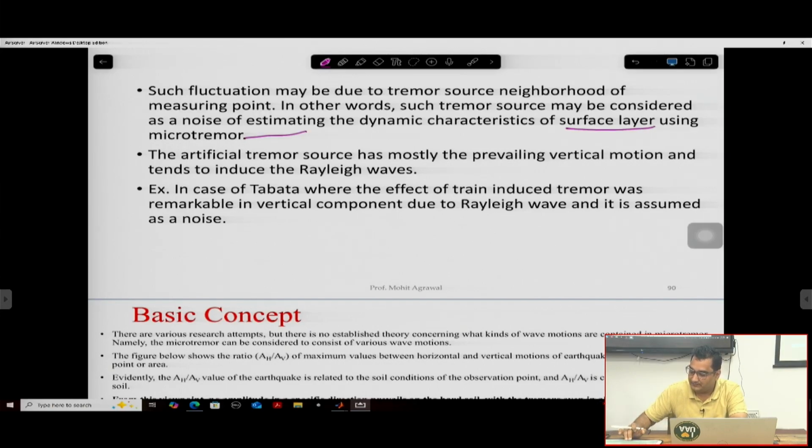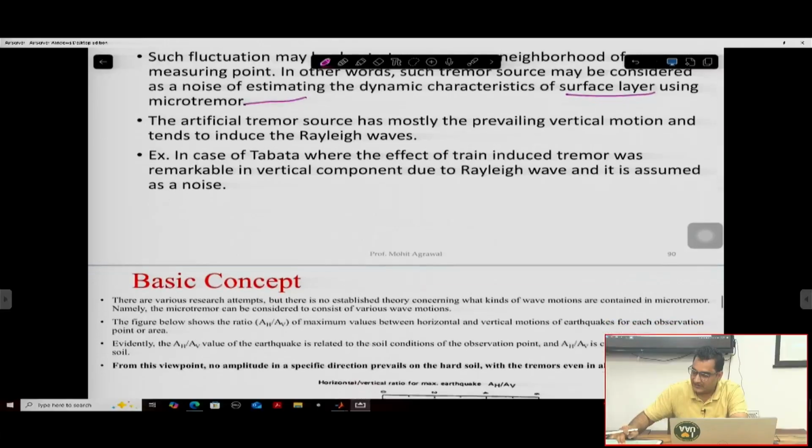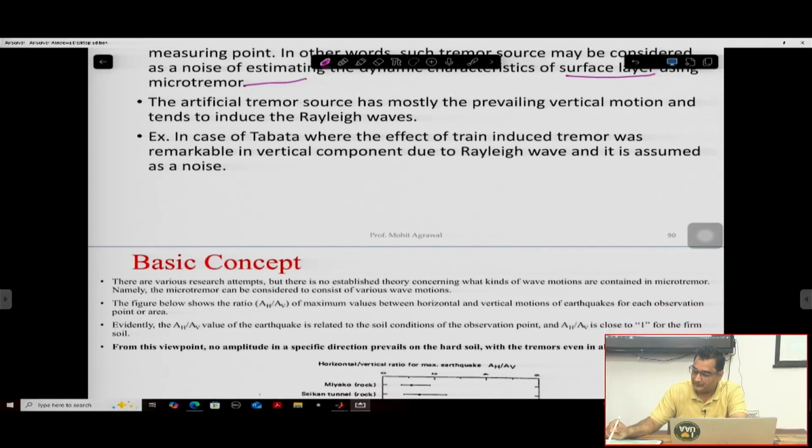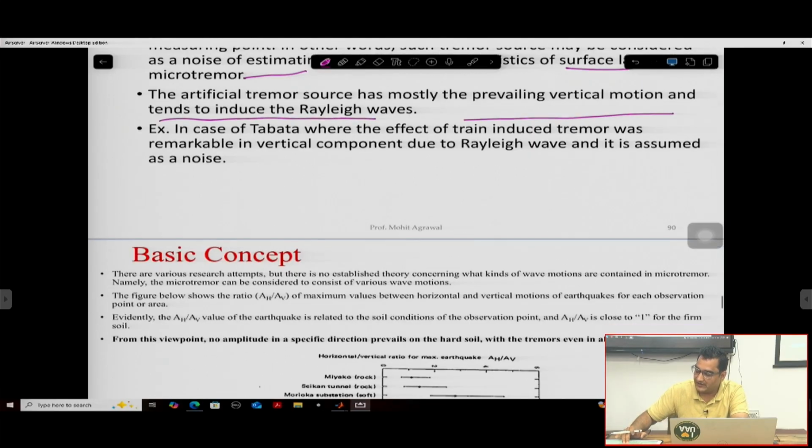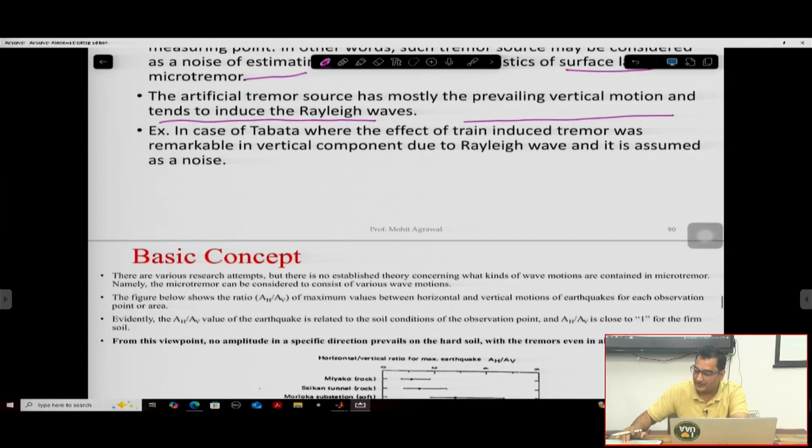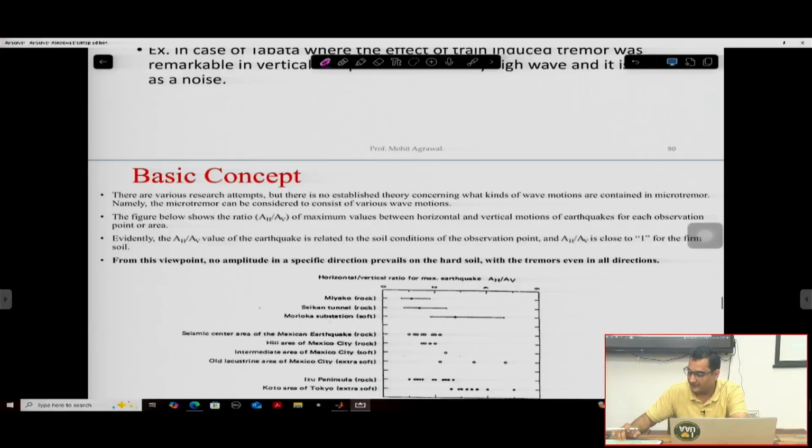They have also concluded that the artificial tremor source has mostly prevailing vertical motion and tends to induce Rayleigh waves. So in the case of Tabata, where the effect of the train-induced tremor was remarkable in the vertical component, that was maybe due to the Rayleigh wave that was induced by the train.